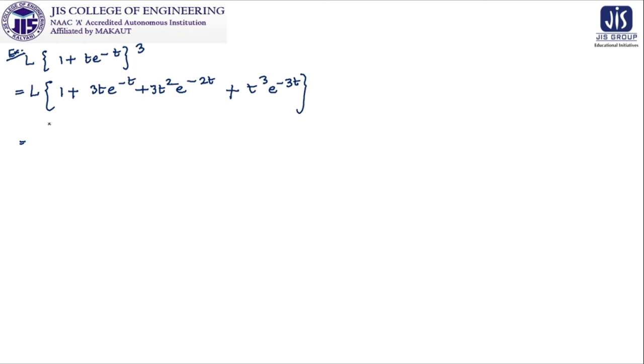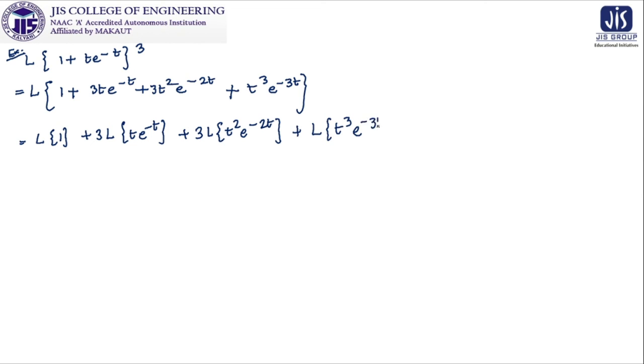Now, using the linearity property of Laplace transform, we can write this as Laplace transform of 1 plus 3 into Laplace transform of t e to the power minus t plus 3 Laplace transform of t squared e to the power minus 2t plus Laplace transform of t cubed e to the power minus 3t.